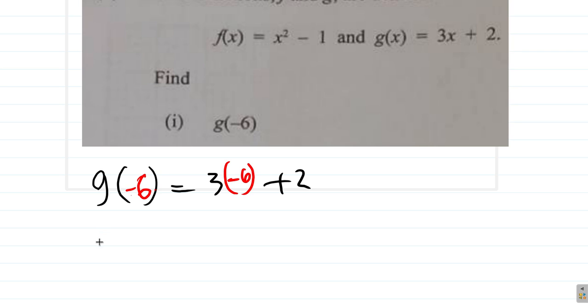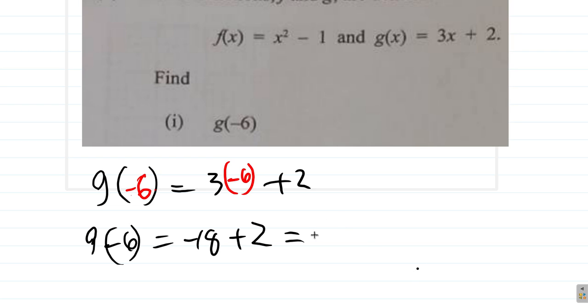So that means g of negative 6 equals 3 times negative 6, which is negative 18 plus 2. Negative 18 plus 2 is what? If you owe $18 million and you pay $2 million, how much do you owe now? It's negative 16 million. So negative 18 plus 2 is negative 16. Alright?